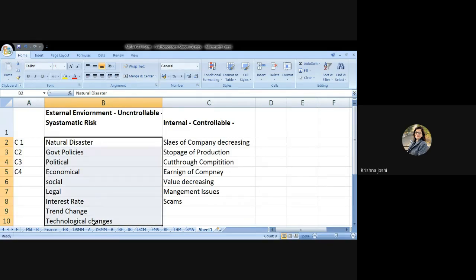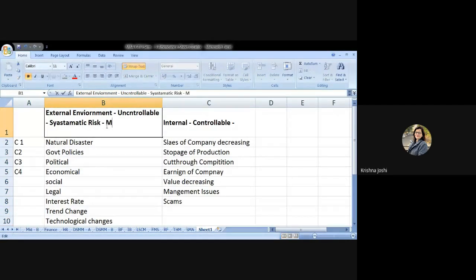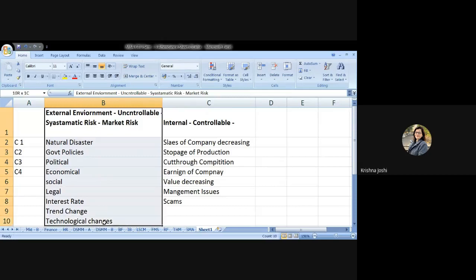This will be affected for everybody because this is system generated risk. This is natural risk. This is market risk, also called market risk, and it cannot be avoided. Anybody cannot avoid it. Everybody has to bear this risk.